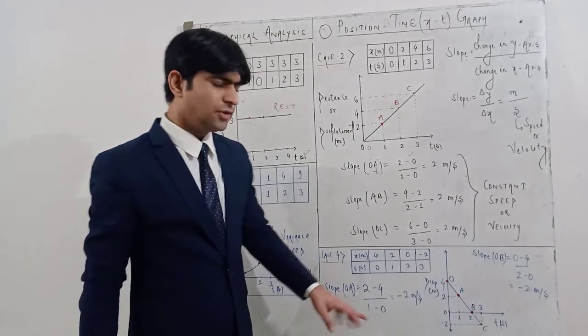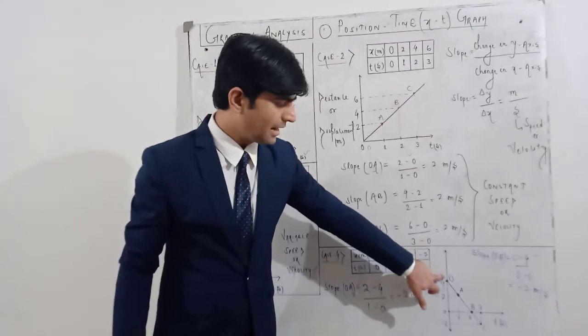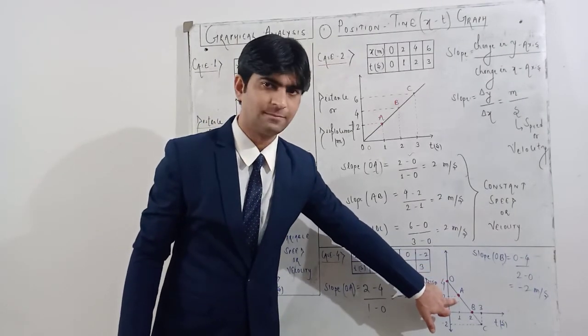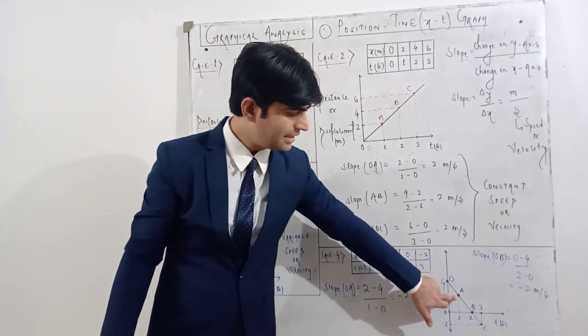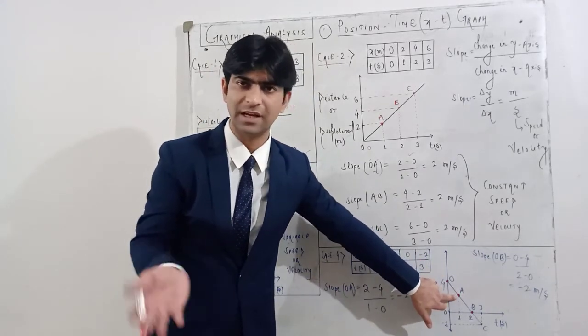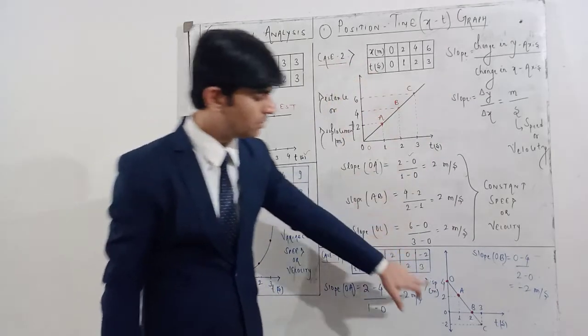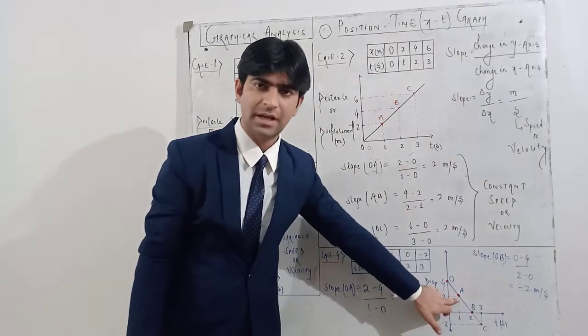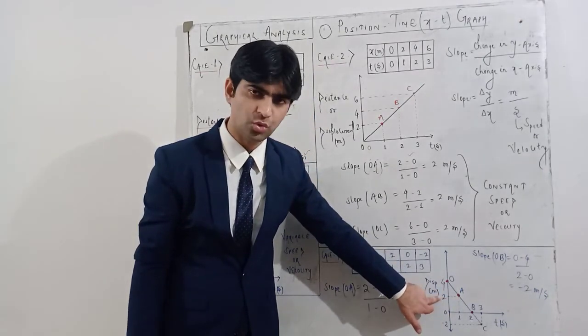Okay, so if you calculate the slope here again, OA, here I have marked O at this point, A is this point. Now this is a decreasing graph. Here O is the starting point and A is the ending point. What we have to do? Final minus initial, as we did in case number 2. What is the final point? A. What is written on y-axis corresponding to A? 2.